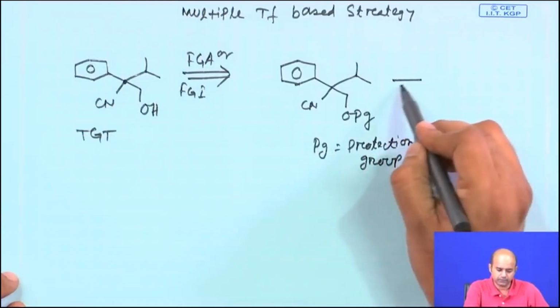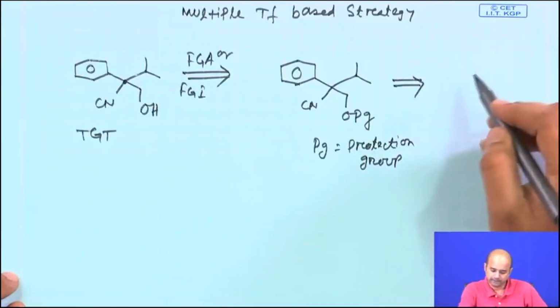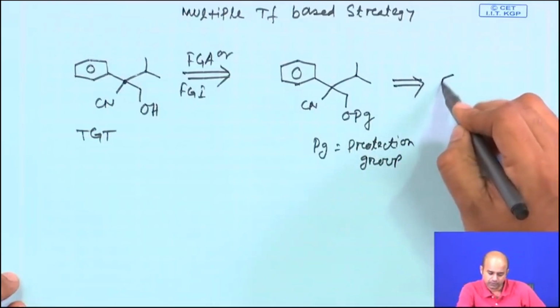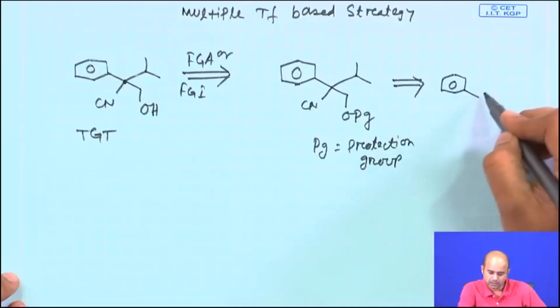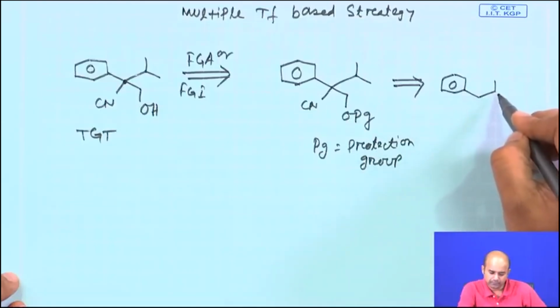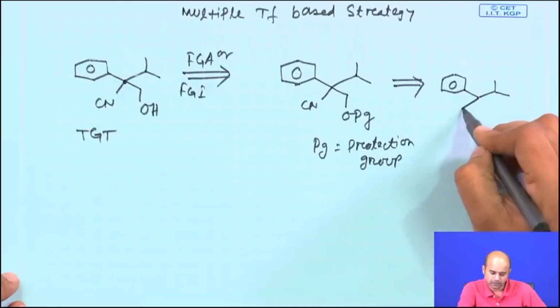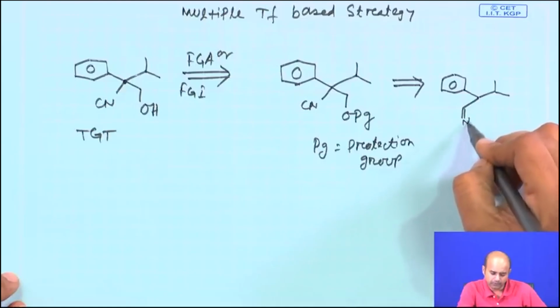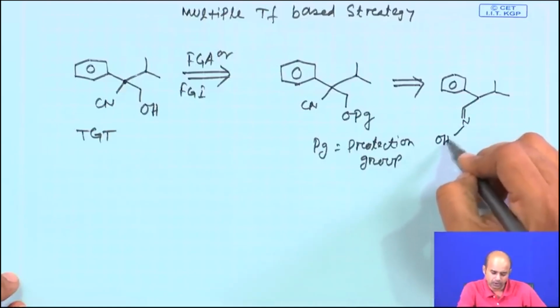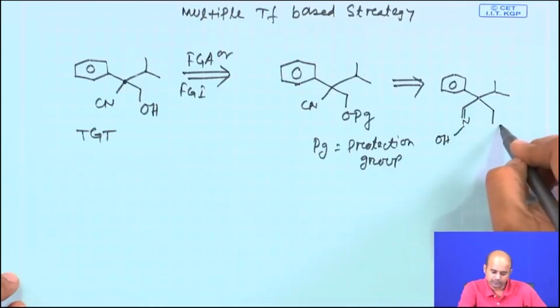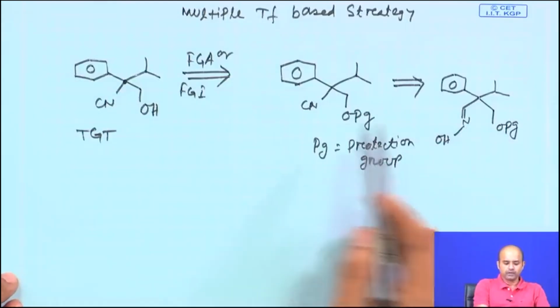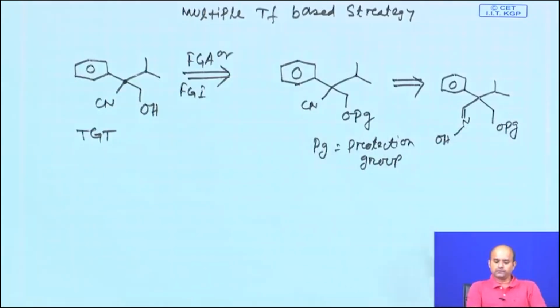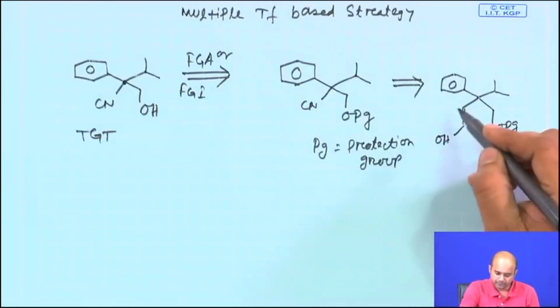Next you try to figure out another FGI based approach, and then we said that this compound can potentially be created from an oxime, which can give you a cyanide.